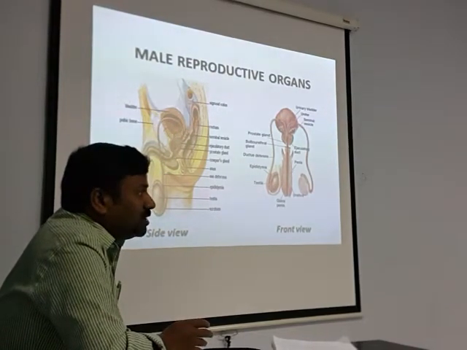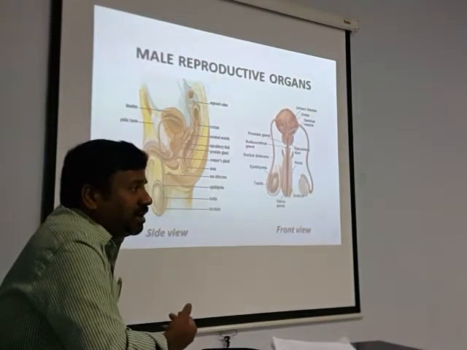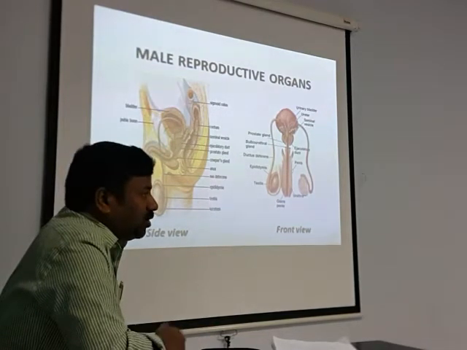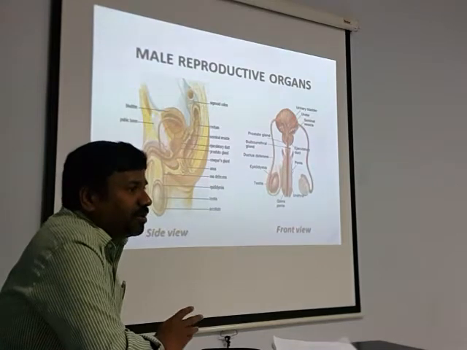So all the organs involved in this process, that is producing, conducting and then releasing the male gametes into the female genital tract, will constitute the male reproductive system.